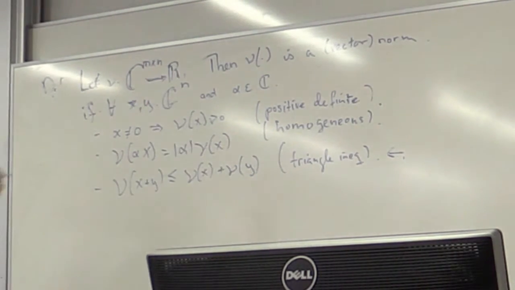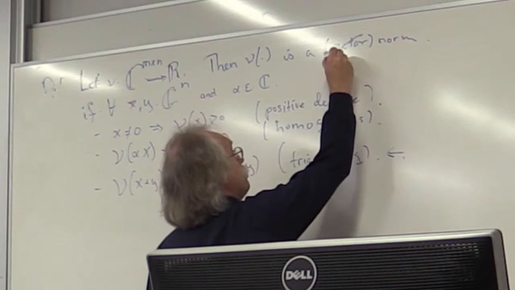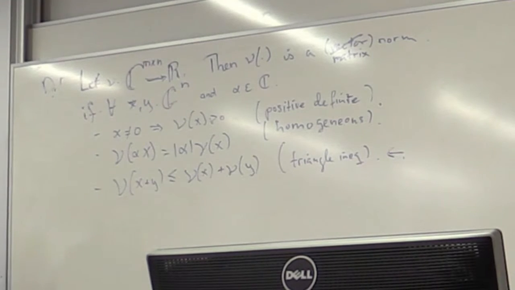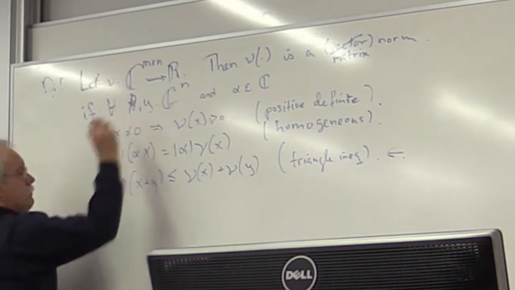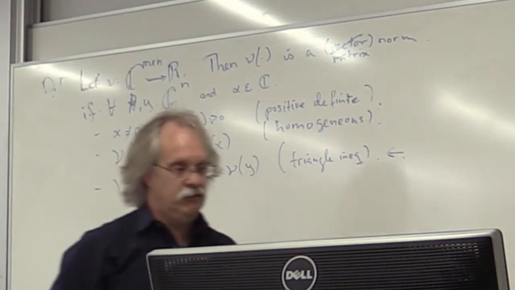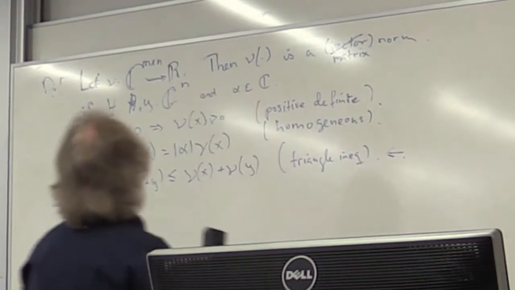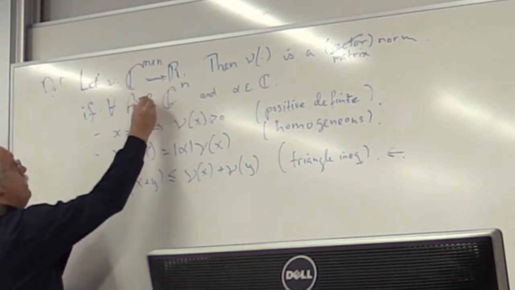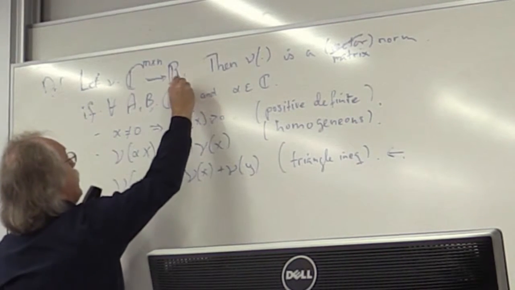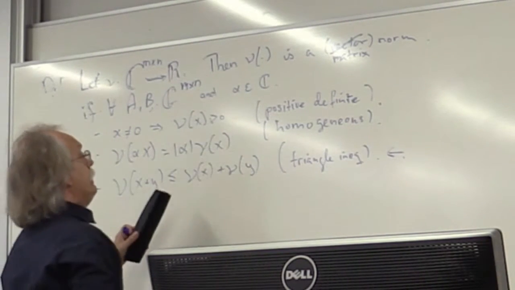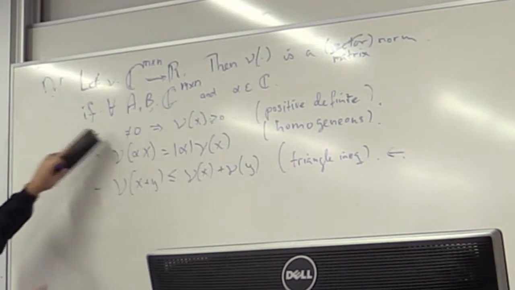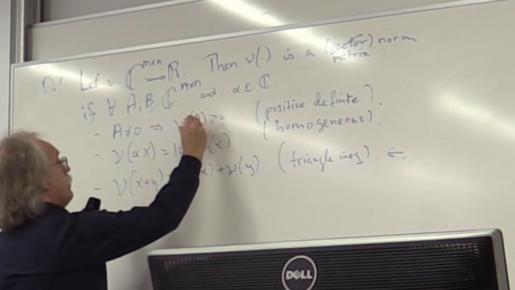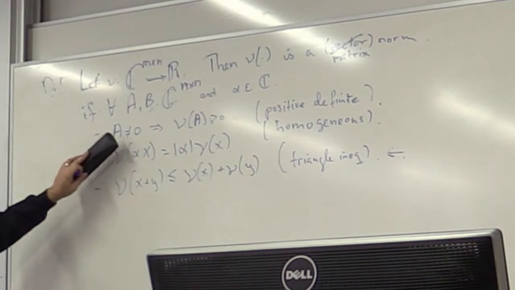Then it is a matrix norm if for all A and B in C n by n and alpha in C: A not 0 means its length is greater than 0.